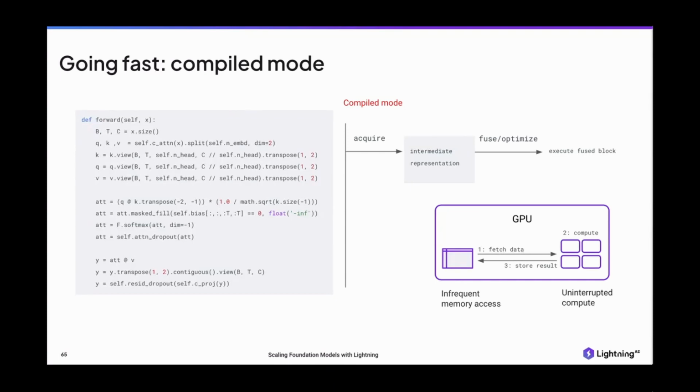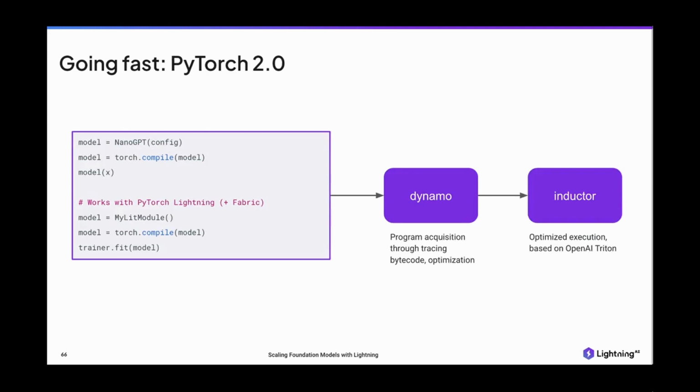You generate an intermediate representation of the whole program or a chunk of the program. And then you try to fuse and optimize all the operations so that you can execute them as an individual kernel block on the device. And so you get uninterrupted computation and your GPU utilization goes up. Otherwise, you will starve your compute.